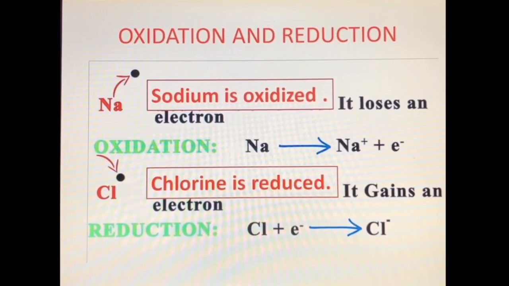In this process, an atom of an element accepts one electron or more than one electron to become an anion, and this process is known as reduction. So metallic elements are involved in oxidation, and non-metallic elements are involved in reduction, to form ionic compound or electrovalent compound.